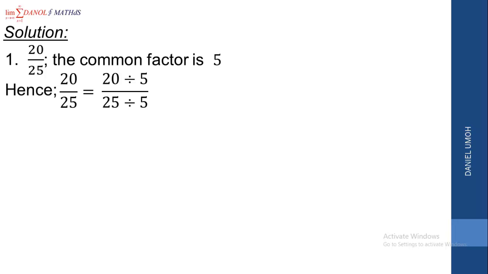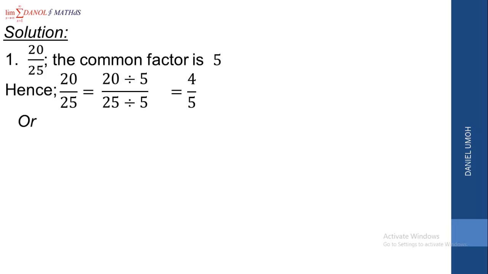So we now say 20 divided by 5 all over 25 divided by 5. Of course, 20 divided by 5 gives us 4, and 25 divided by 5 gives us 5. So the lowest term of 20 over 25 is 4 over 5.